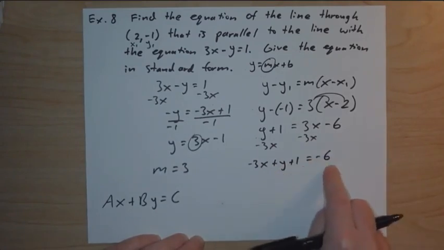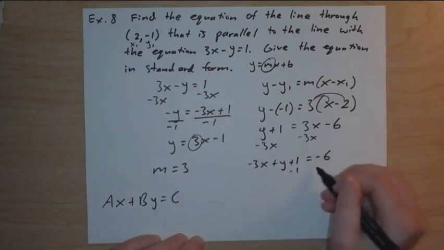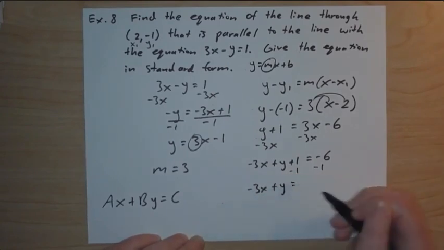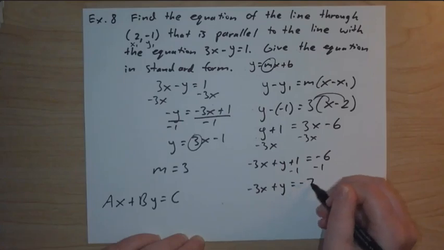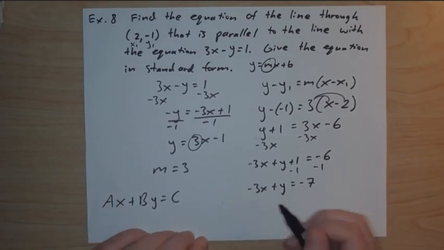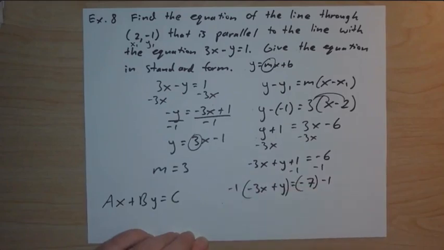I'm going to subtract this 1 on both sides because if you notice it's ax plus by is equal to c, which is just some number. So negative 3x plus y is equal to -7. However, if you notice we have negative 3x and we don't want our a to be negative, so we're going to multiply both sides by -1 just to change it into a positive.